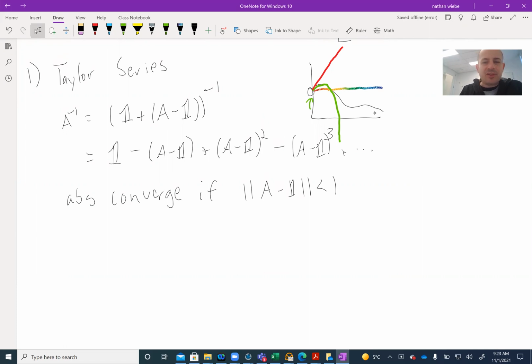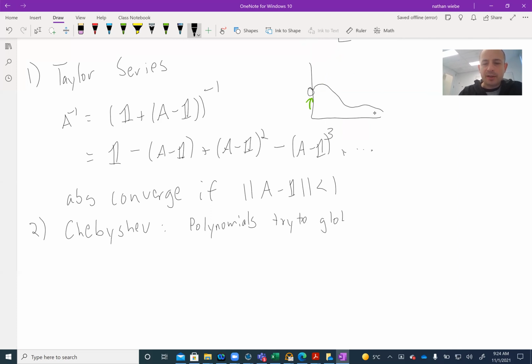And it turns out, because of this relatively slow convergence, we're going to want to try a different type of polynomial. Another type of polynomial that we can end up using are known as Chebyshev polynomials. Chebyshev polynomials are a little bit different. These polynomials try to globally approximate the function.